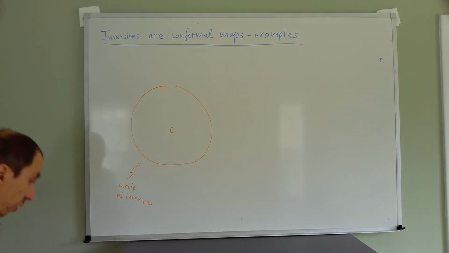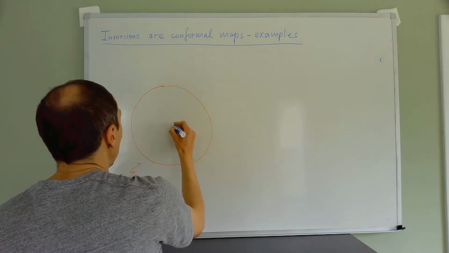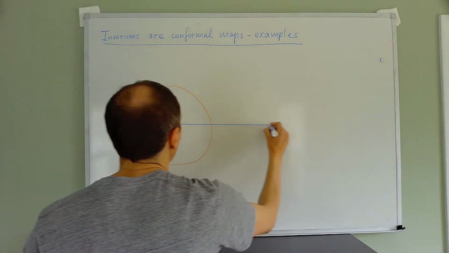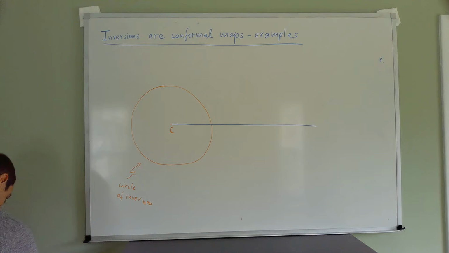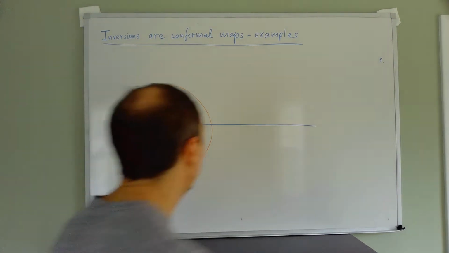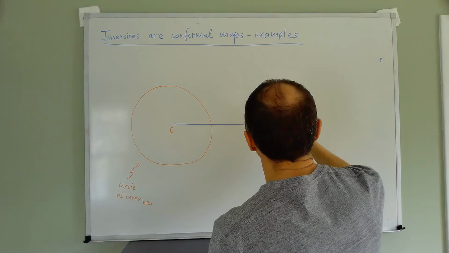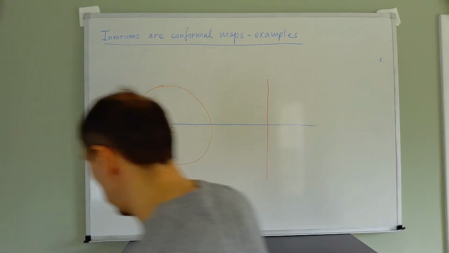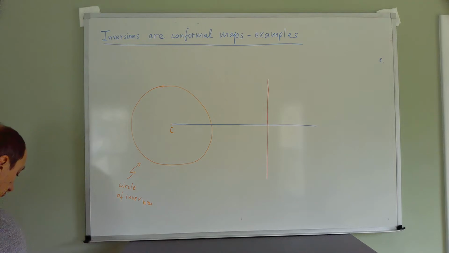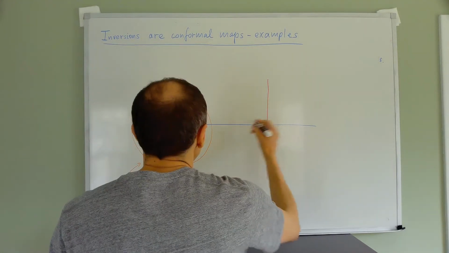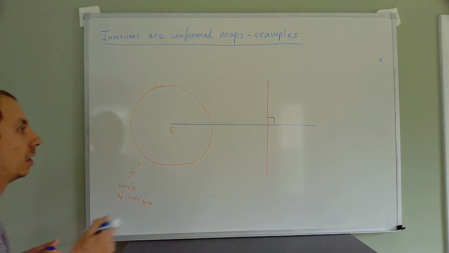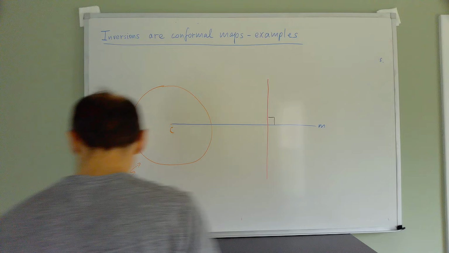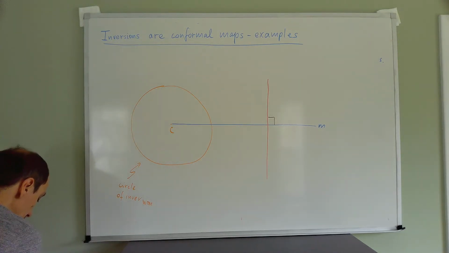And we're going to start with a very simple situation where we take two lines, and one of the lines is going to go through the center of inversion, and the other line is going to be perpendicular to it. So we have a right angle between these lines. So let's call them M and K.